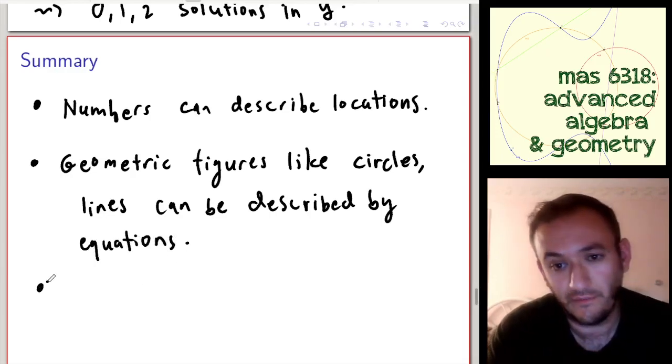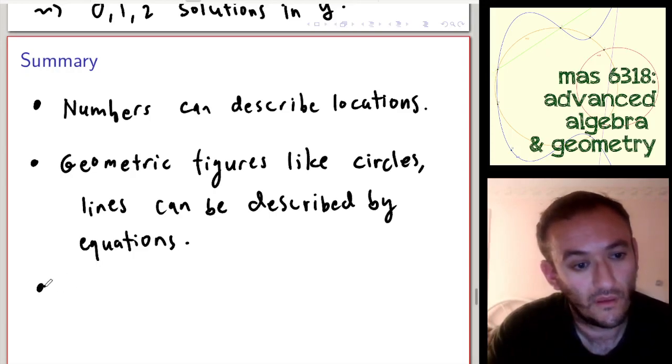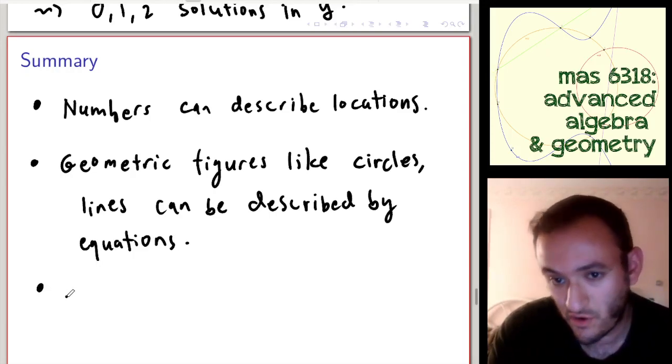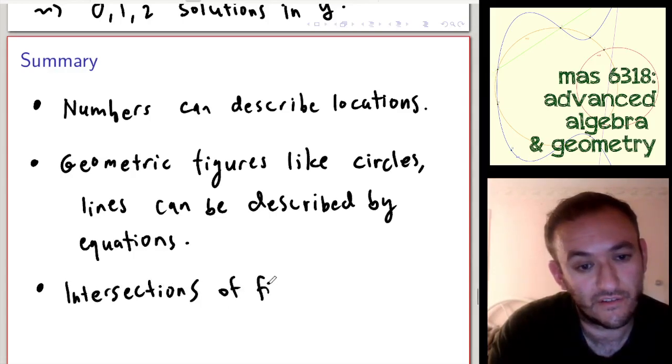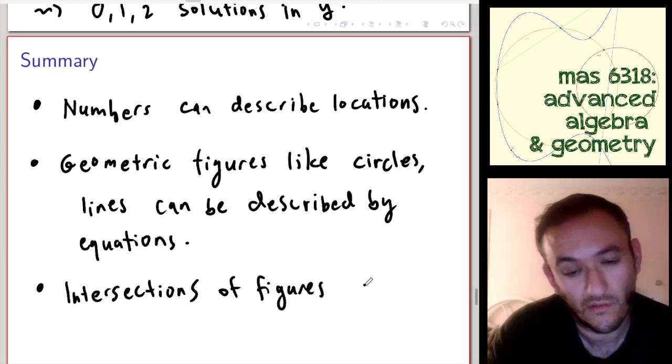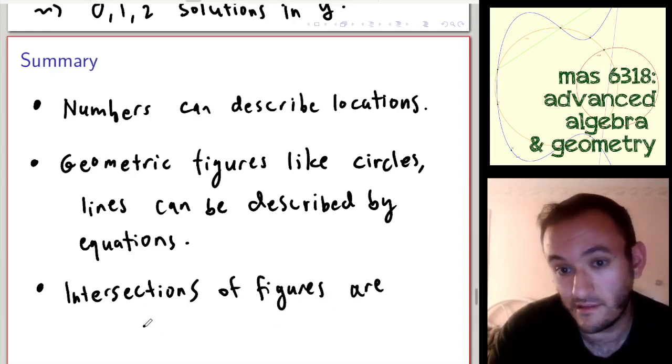And finally, you can describe intersections of figures as solutions to systems of equations.